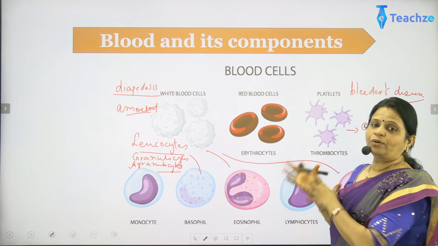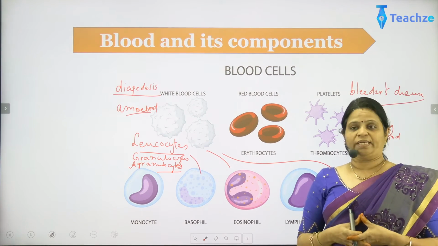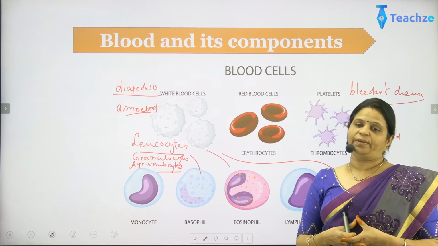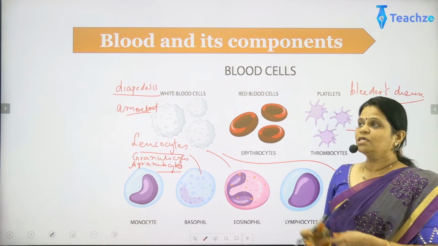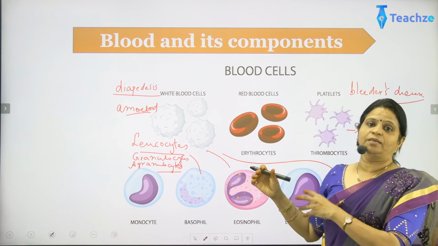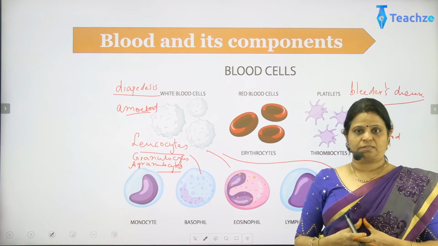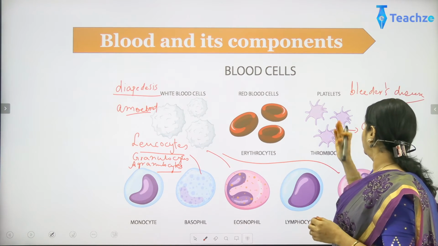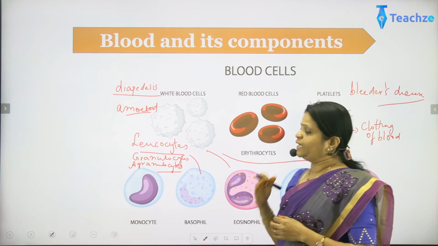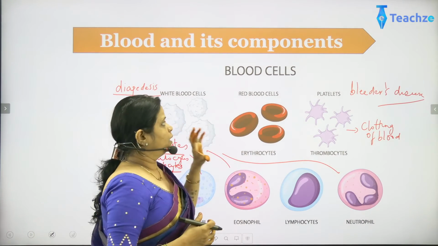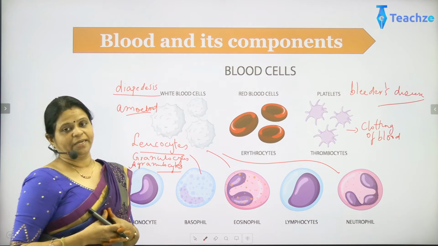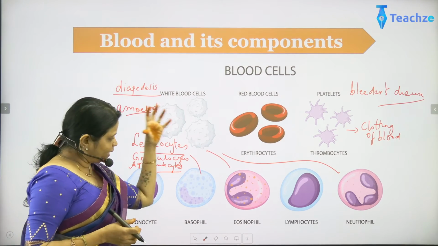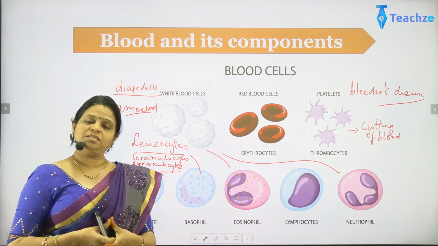More about this clotting and how the clotting occurs, we will look at in the next session. Right now we are trying to understand the different components of blood. So that was blood clotting and platelets. Now these are all the important functions of the blood and its blood cells. We will not be looking at only these functions.